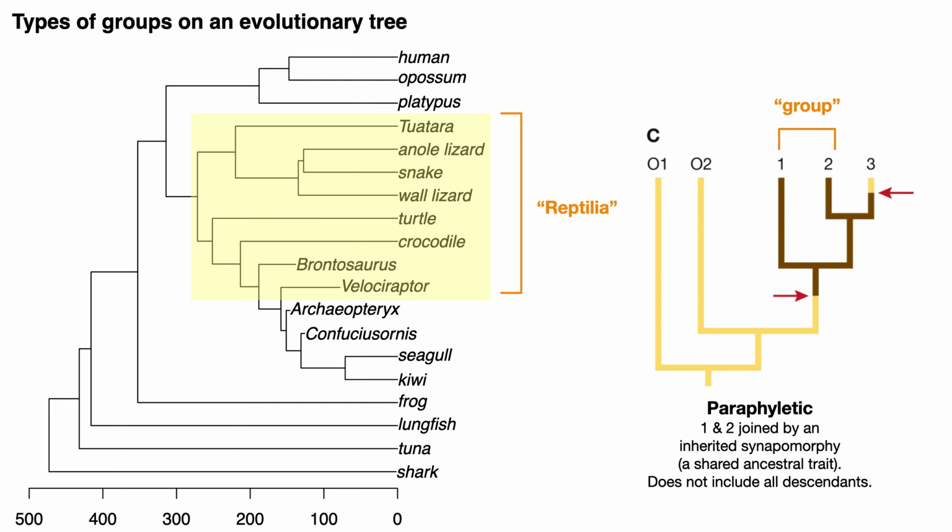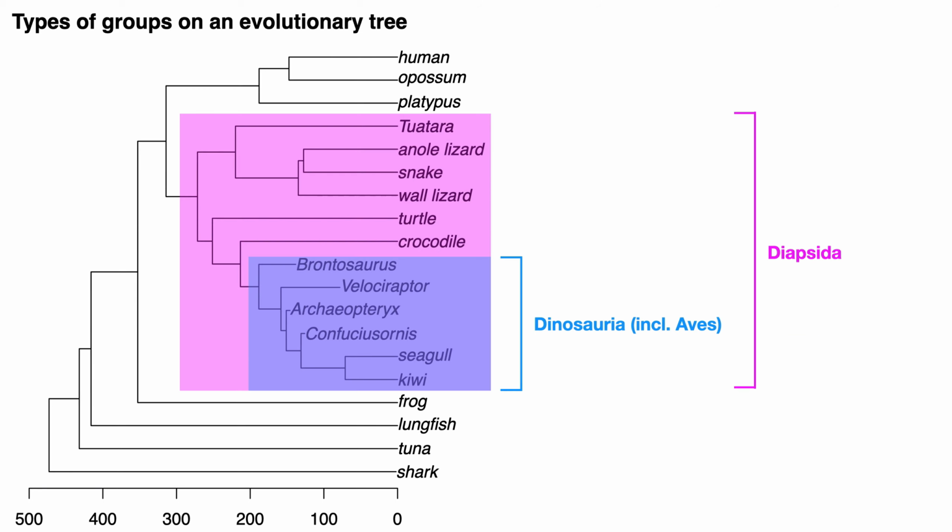So we call this a paraphyletic group, particularly because it doesn't include all descendants, and because what they share are ancestral traits. If we wanted to make these more natural biological groups, to turn them into clades, we would have to include those extinct Mesozoic dinosaurs with their descendants, the birds.